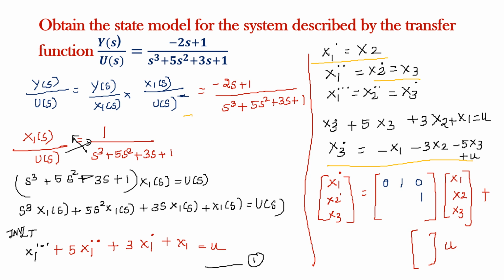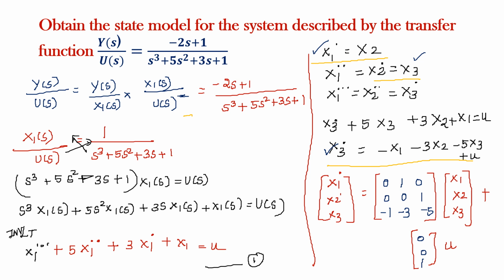Instead of x3, put 1 and remaining values are set to 0. What is x3 dot? Minus 1, minus 3, minus 5. So for x1 dot, there is no u term, put 0. x2 dot also, there is no u term, again put 0. But for x3 dot, we are having the u term, put 1. So this is the state equation.